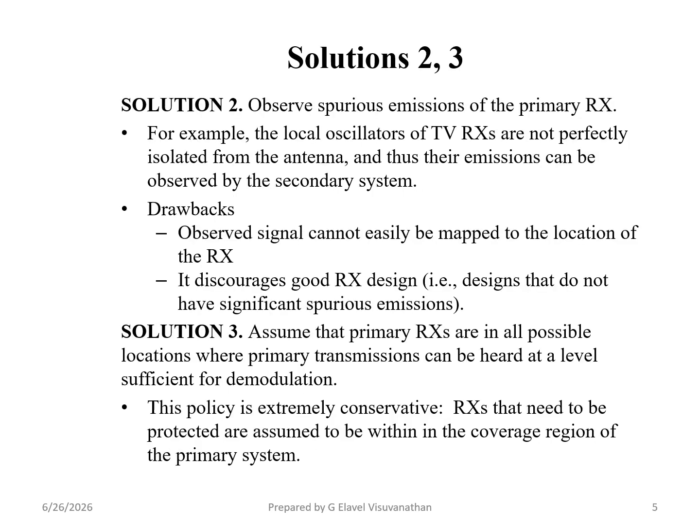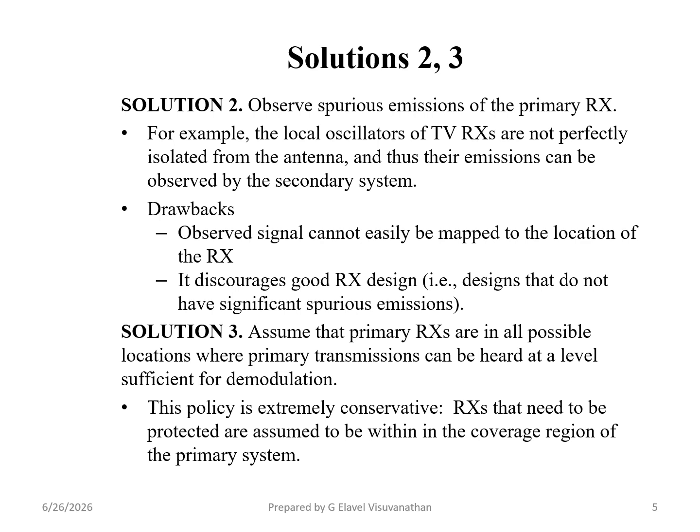Next, problem number 2, and its solution. Observe the spurious emission of the primary receiver. For example, the local oscillator of a TV receiver is not perfectly isolated from the antenna, and thus its emission can be observed by the secondary system.